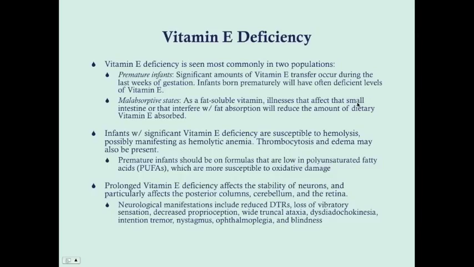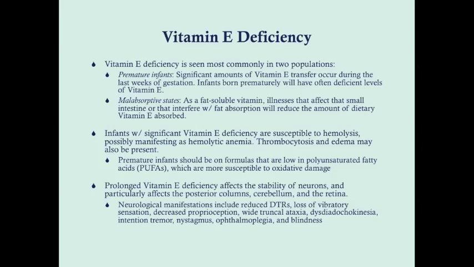And so vitamin E deficiency is going to be seen most commonly in two populations. So number one, we will see them in premature infants. And the reason for this is that there's a big vitamin E transfer that occurs in the last weeks of gestation. And so the babies who are born a few weeks early, or even earlier than that, they miss out on that.